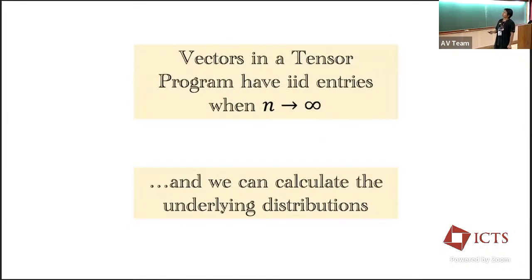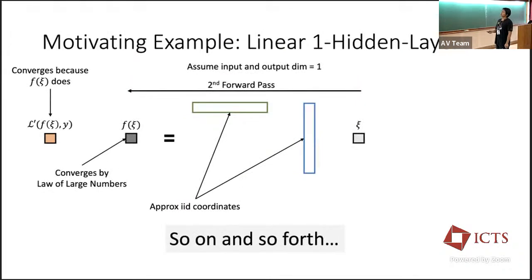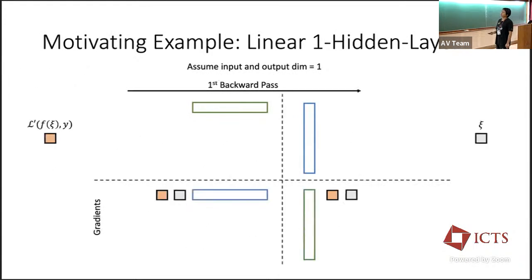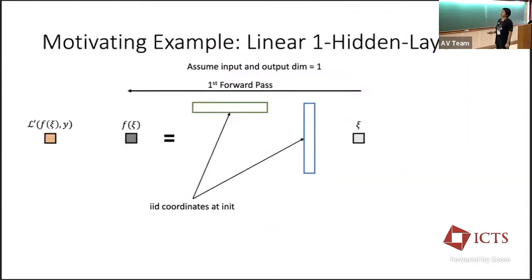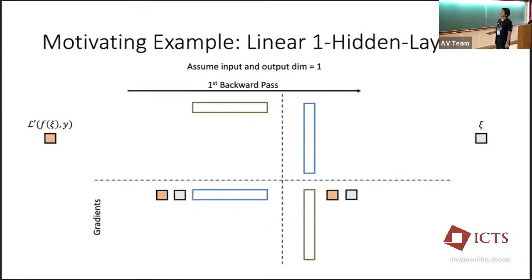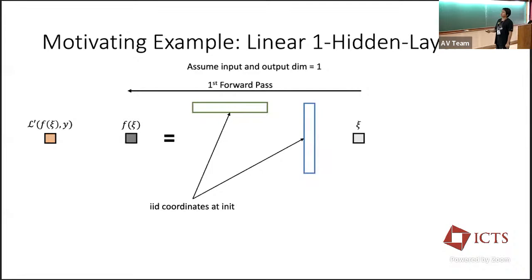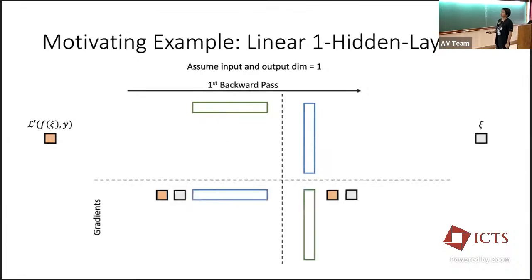Okay, so again, my universal claim is that vectors in the tensor program have IID entries when n becomes large, and we can calculate the underlying distributions. I just showed you that things are approximately IID in this particular example, but you can also see that given that these are IID Gaussian or something, you can calculate all of these things by taking some expectations and so on and so forth.